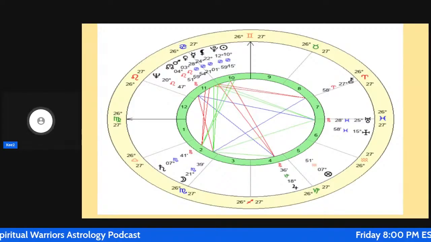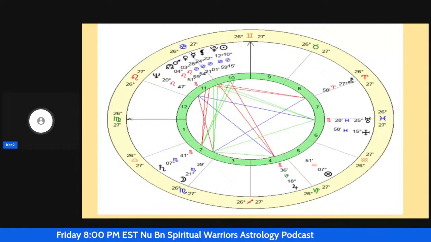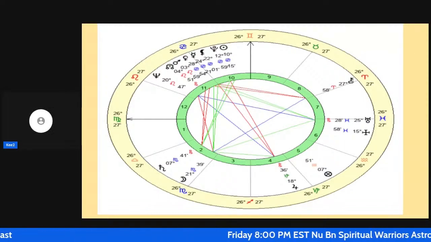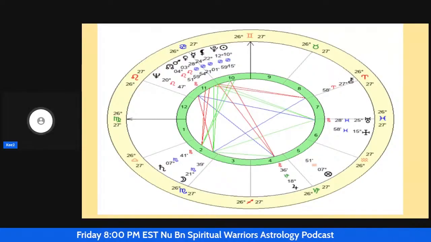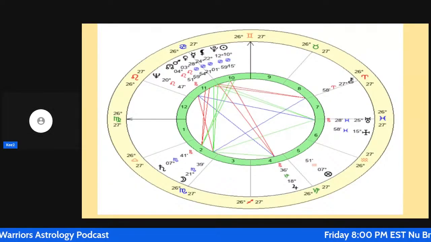Now, on the next podcast, we will begin to analyze this particular chart of a famous celebrity, or I could say a famous leader or historian. As we look at the ascendant, the first house, the sign that's on that first house is Virgo.